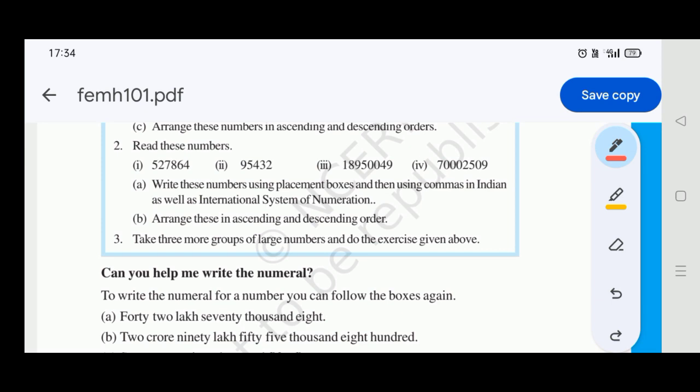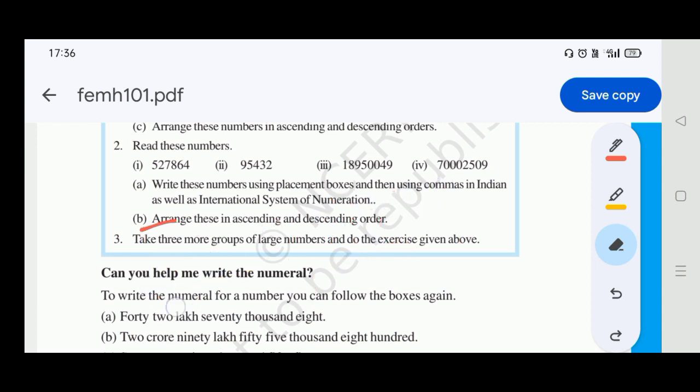Similarly, we can write it in the Indian method as, after inserting the commas, 5,27,864.